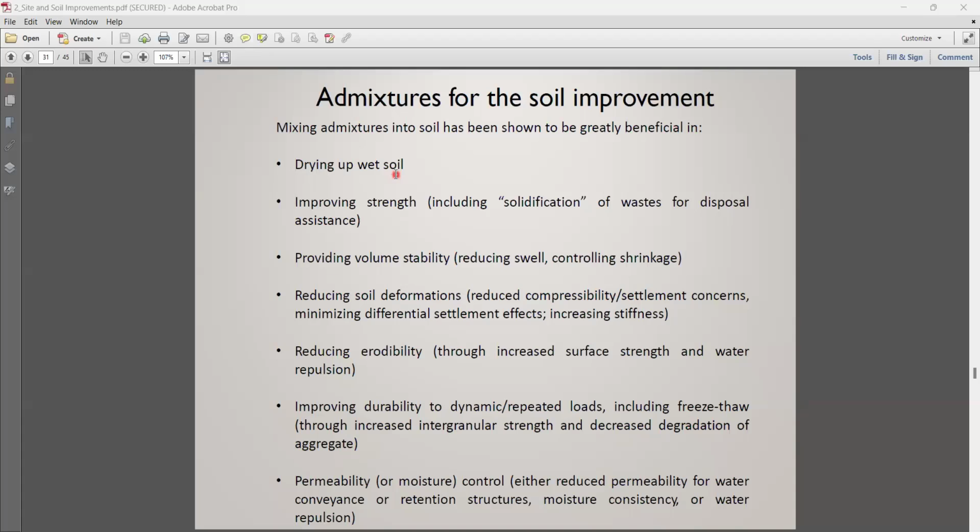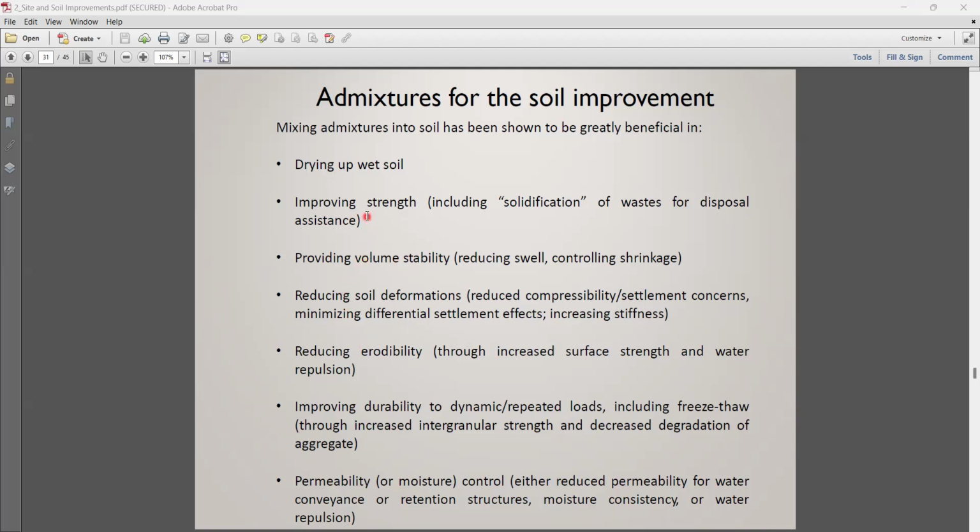Having wet ground makes soil excavation and soil transportation very difficult. So in some cases, if you want to dry up the wet soil, you can use chemicals, what we call admixtures. Okay.